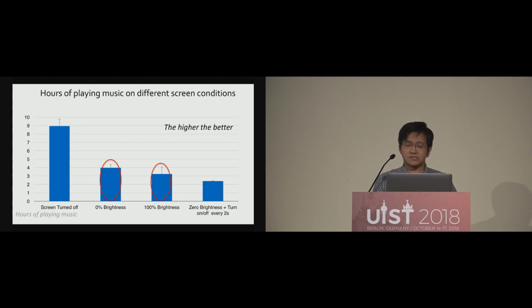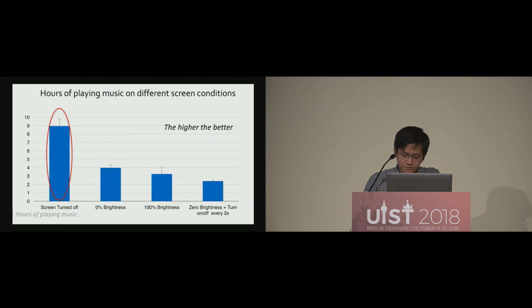Why? The reason is that the screen is still turned on, so the screen is still consuming significant power. Please notice here that the zero brightness still has something displayed on the screen. It is the lowest brightness that a user can reach by setting the Android or iOS phone.